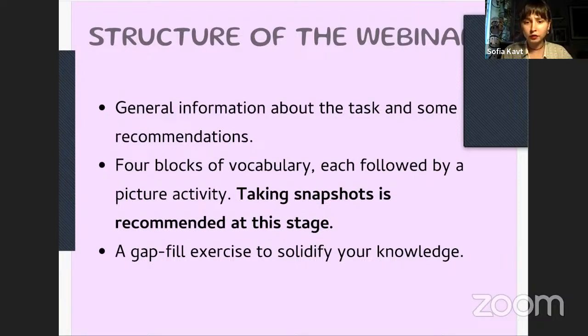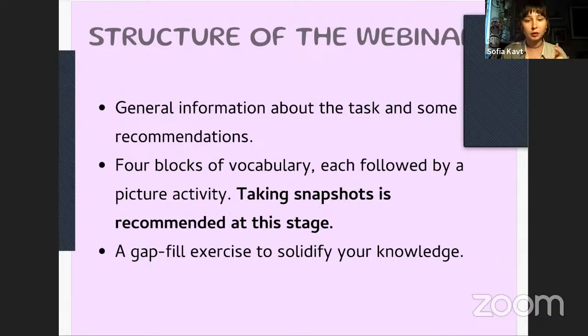Each vocabulary set will be followed by a picture activity in which you will have to use the chat box to try and guess which of the words from the set I try to illustrate with this particular picture. Taking snapshots of the vocabulary sets is recommended at this stage, as you're going to need this at the next stage. Speaking of which, the last stage is a gap fill exercise, which I have prepared for you.